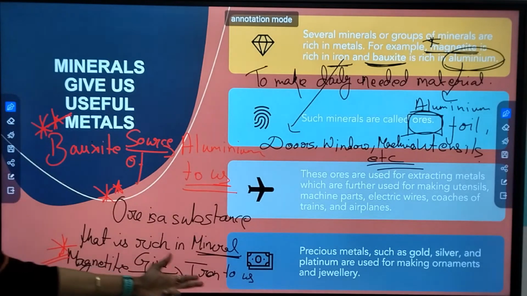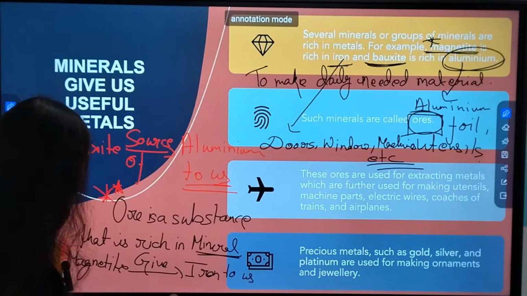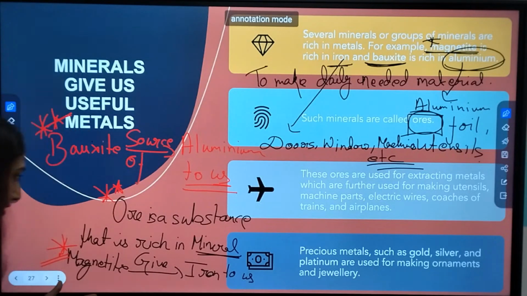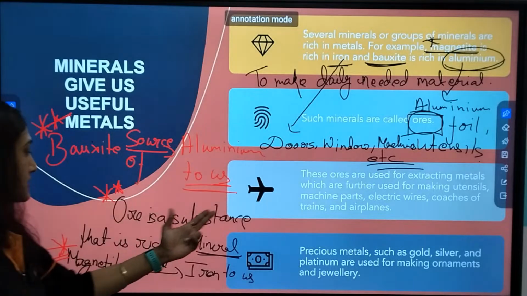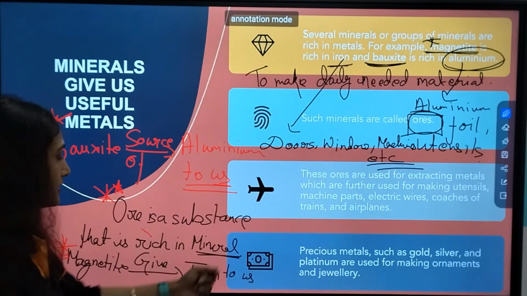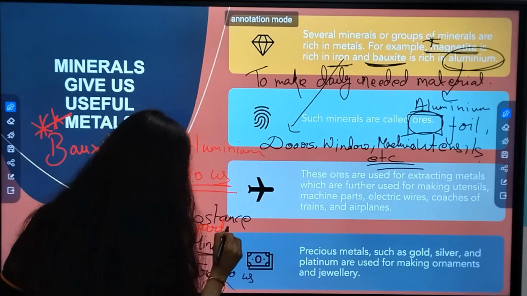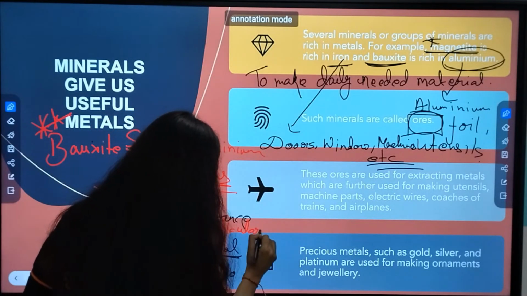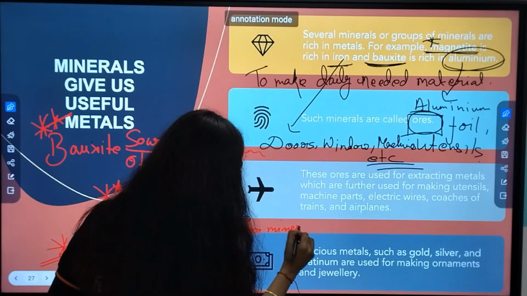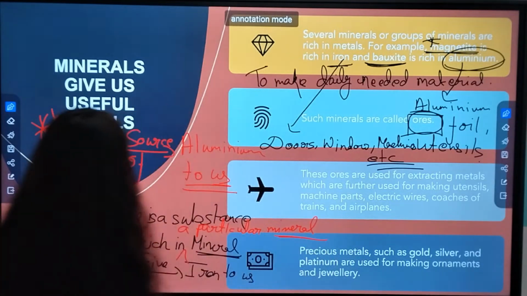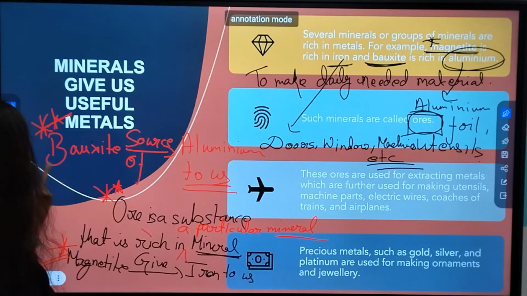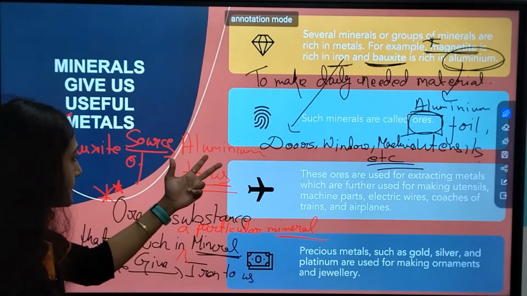They will ask you, iron is obtained from, the answer will be magnetite. What is ore? Ore is a substance that is very rich in a particular mineral. Now, the question will be, bauxite is a source of which mineral?